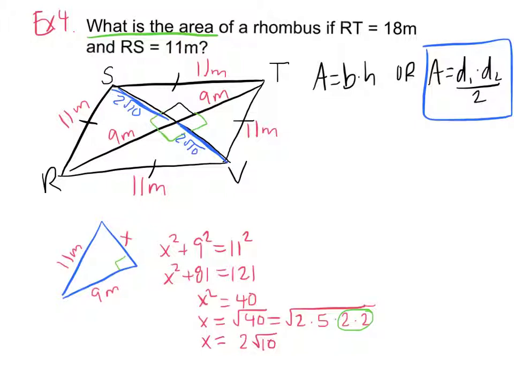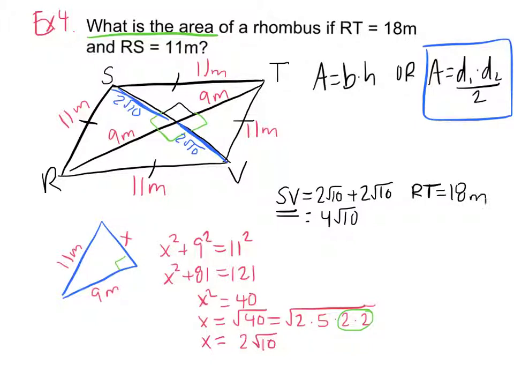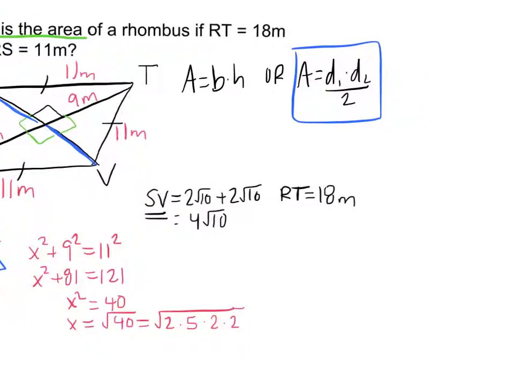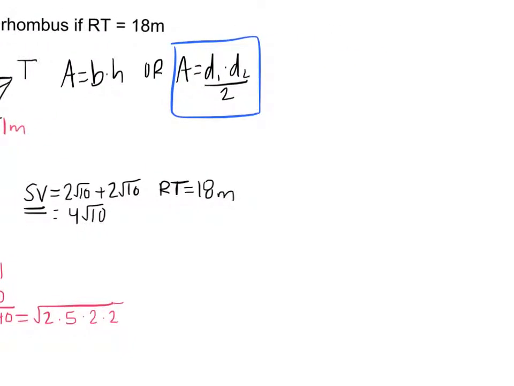So what does that mean? It means that SV is 2 square root 10 plus 2 square root 10, or 4 square root 10, which is one of the diagonals I was looking for. And the second diagonal they already gave me. They said it was 18 meters. So let's move this over and do some math.